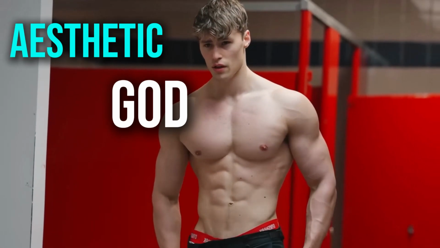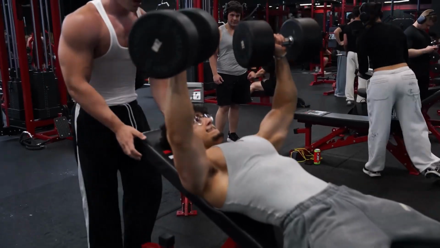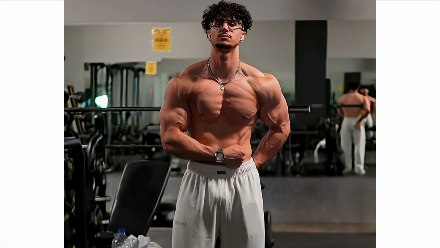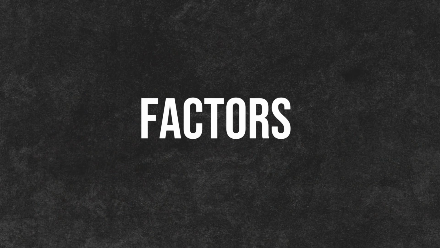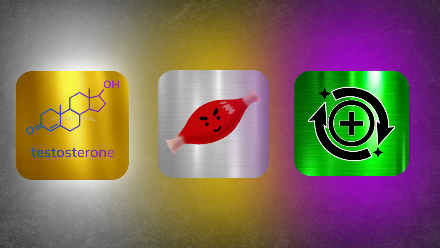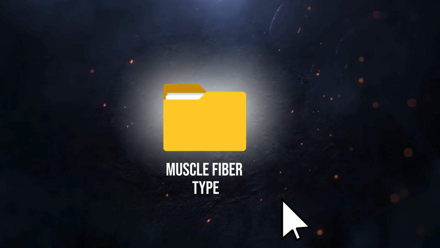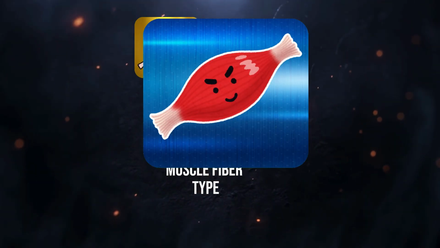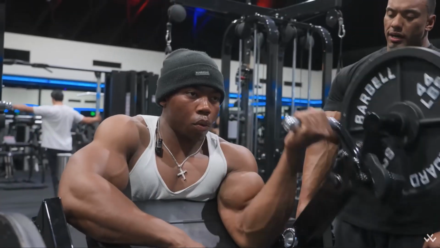Just work on size. Muscle gain is influenced by both training and genetics, and genetics play a crucial role in determining how quickly and efficiently someone can build muscle. Genetic factors affect muscle fiber composition, hormone levels, tendon insertions, and recovery ability, all of which impact muscle growth. Genetics largely determine the proportion of fast-twitch and slow-twitch muscle fibers.